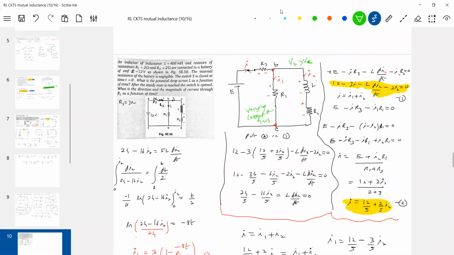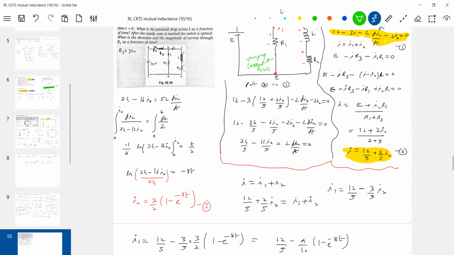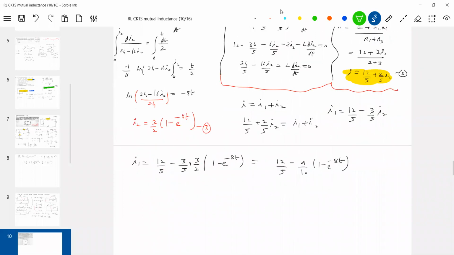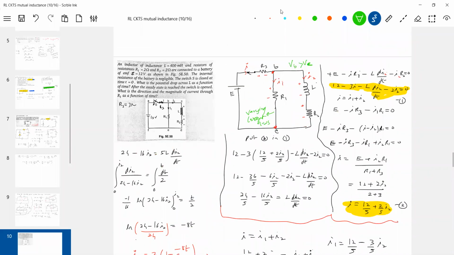After a long time, the current in all the branches will remain constant. Do you agree? So what is the current in I2, I1, I? All will remain constant. So first put t equal to infinity. What is the current through the inductor? 3 by 2 ampere. Then if we put t equal to infinity here, how much current is in I1? That also will be constant. Then I1, I2 are constant, then I will be constant. So at t equal to infinity, it is the same circuit.